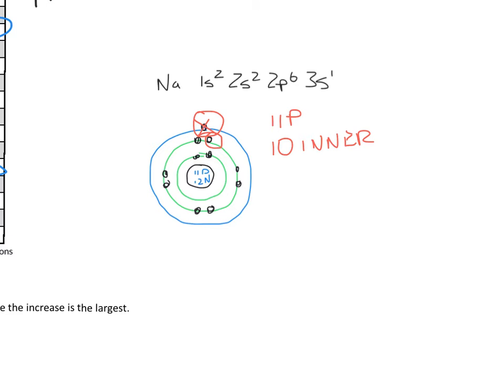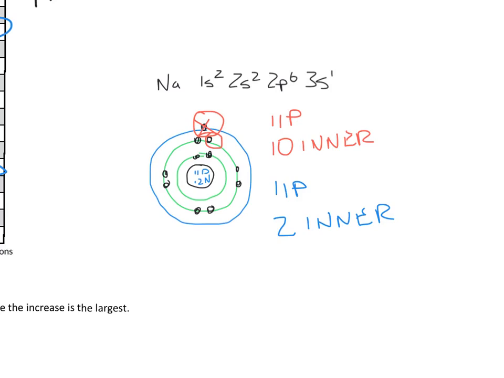And this second inner electron still sees an attraction from 11 protons. But since it's closer to the nucleus, it only feels repulsion from 2 inner electrons. And so it has a greater effective nuclear charge because we're getting the same amount of attractive forces to the nucleus with less repulsion. And so that means it's going to be a much more difficult electron to remove.